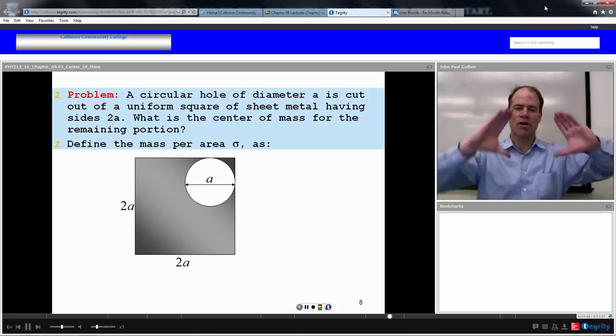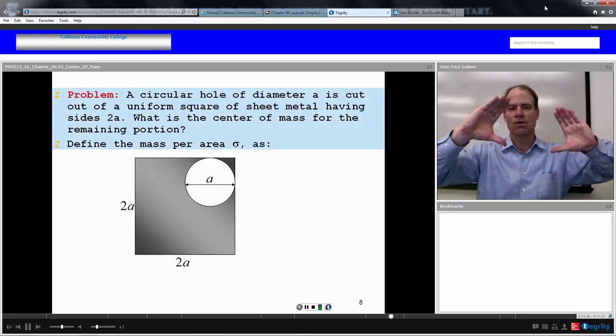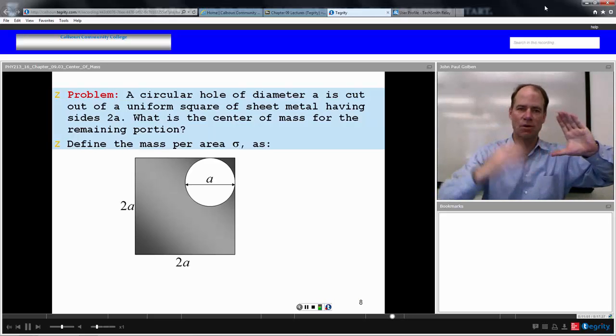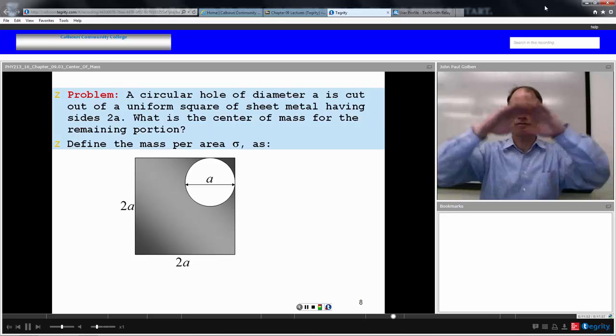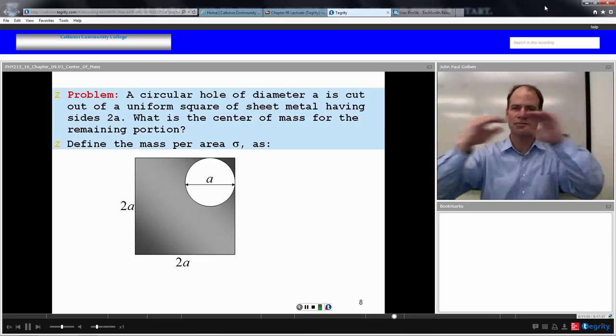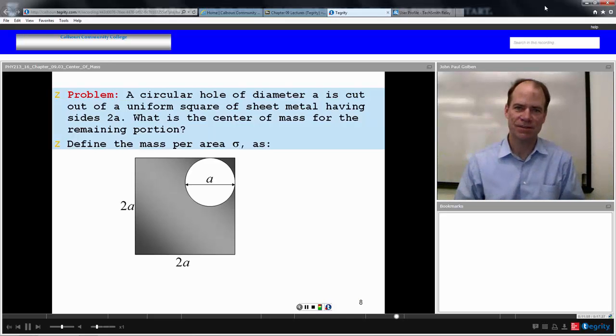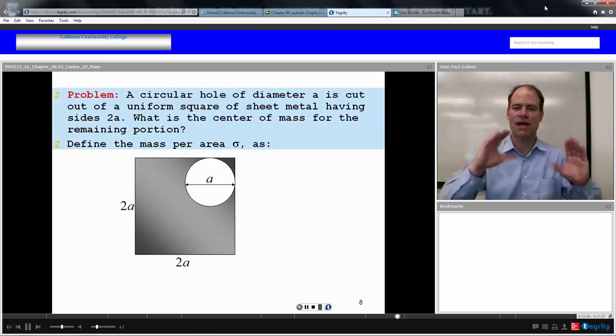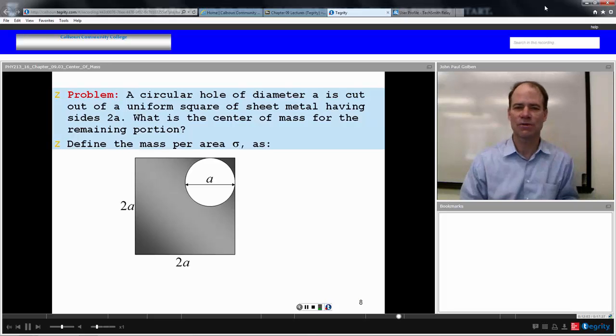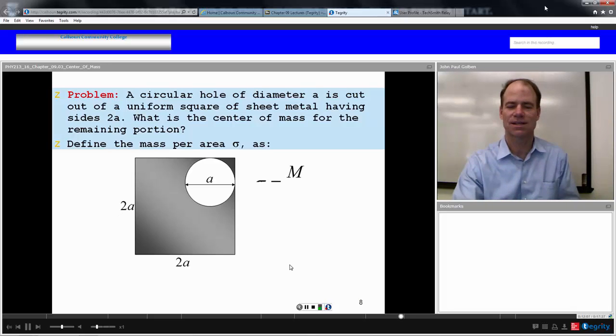And then we're going to have a circular hole whose center of mass would be right in the center of the hole. We'll treat the full sheet metal as a positive mass, and we'll treat the hole as a negative mass. If we find the center of mass of those two objects, we will find the center of mass of this combined object. Sounds good.